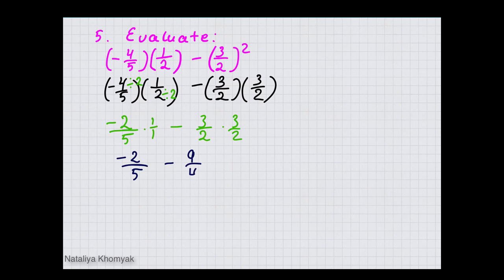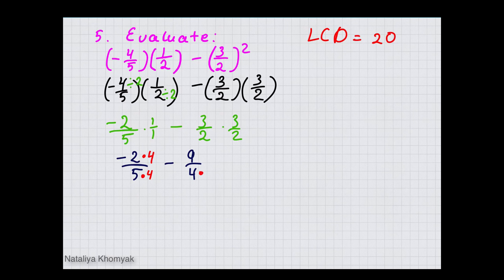2 times 2, 4. Now we need to combine these fractions, and in order to combine fractions we need the least common denominator. The common denominator of 5 and 4 will be 20. To get 20 in this fraction, we need to multiply 5 by 4. Whatever you do to the denominator, the same goes in the numerator.